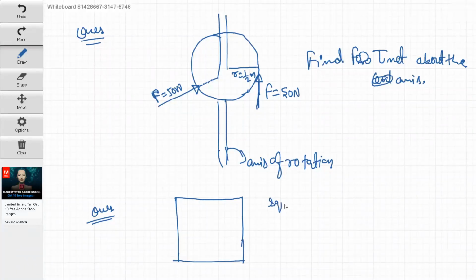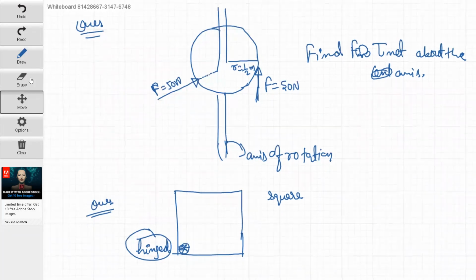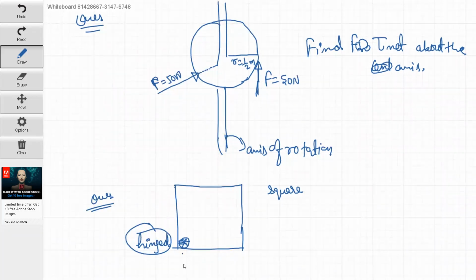This is a square. This square is hinged at this point. Side length of the square is L naught. Is this okay? So here the F naught force is acting.